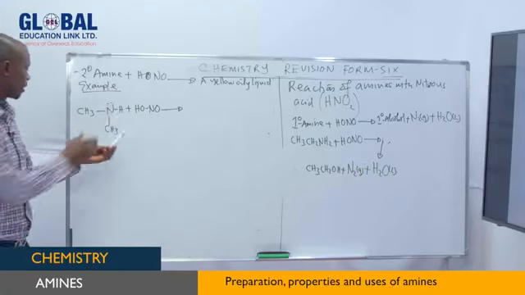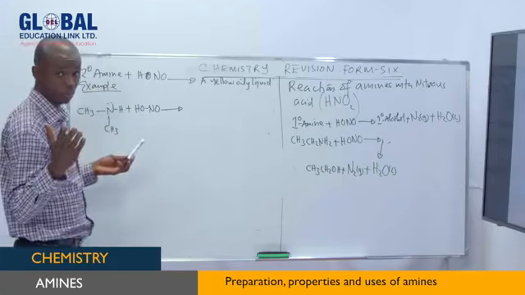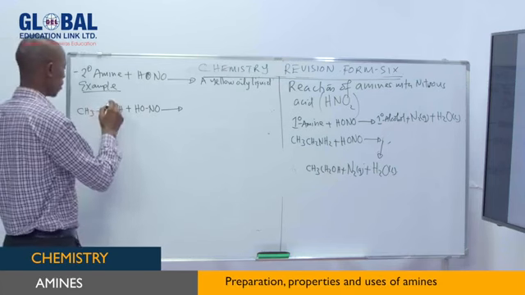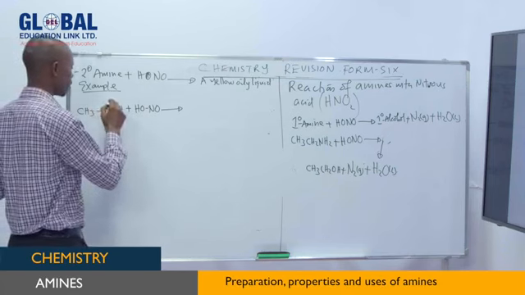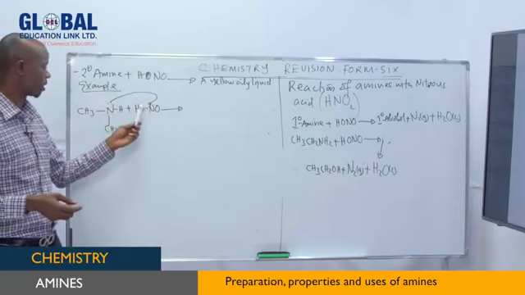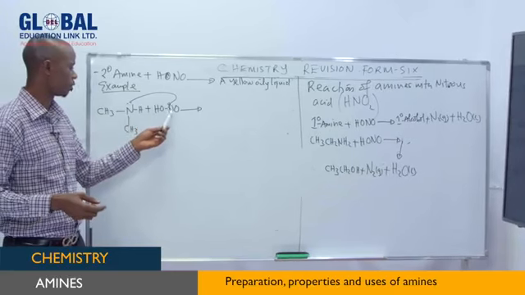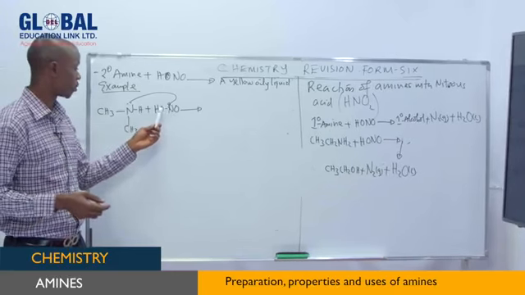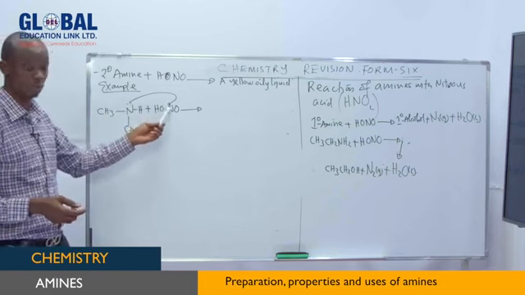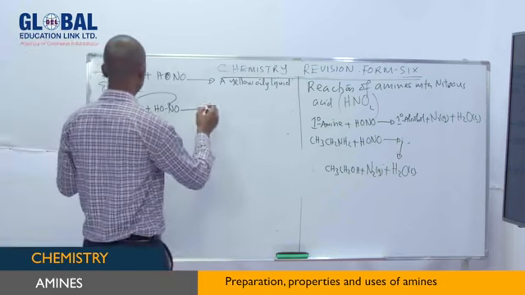Now, the little mechanism here is very simple because there is a lone pair there. This lone pair will be donated to this proton, because the bond between oxygen and nitrogen, oxygen is more electronegative, so this will be the proton. Therefore, this lone pair will be donated to this proton, and we are going to form the following.